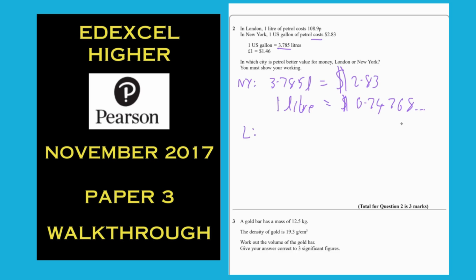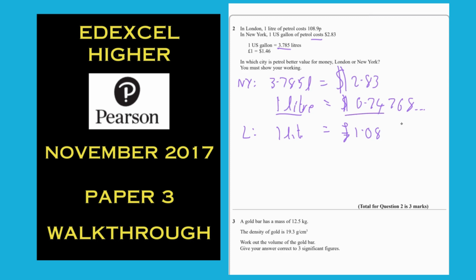On we go. I started with London and did exactly the same. Let's find the cost of 1 litre in dollars in London. So in London, we already know that 1 litre is £1.08. Yeah, there's a 9 on the end. Who cares for now? And then we want to convert it.